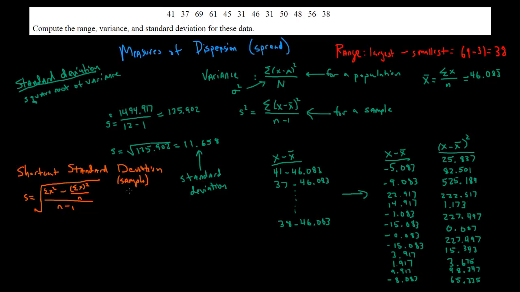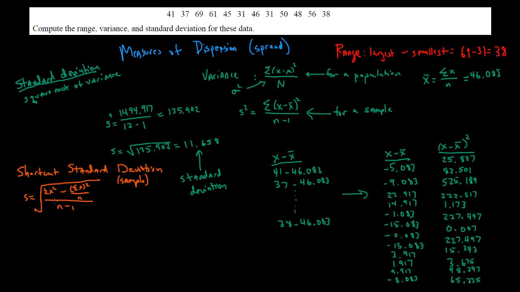The only difference if this was a population is there would be an n on the bottom instead of n minus 1. Now, if you want to find variance, like s squared, not the standard deviation, just remove that square root sign, and that's variance.